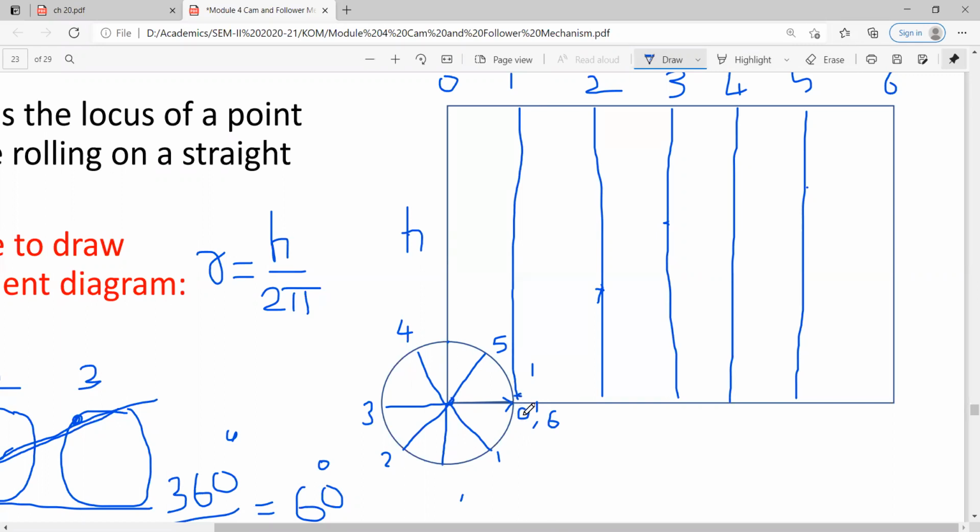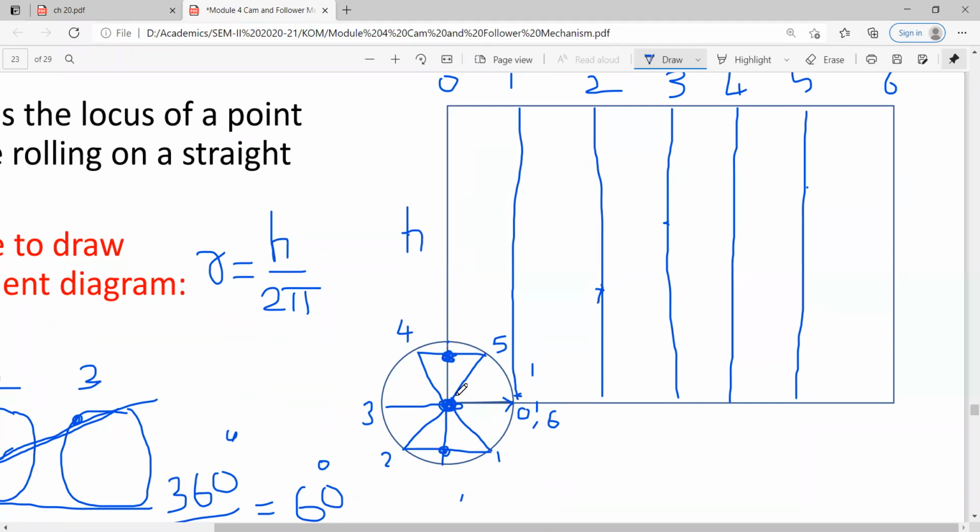So which points are at this point? At this point, point 3, point 0 and point 6 are there, and point 1 and 2 are at this point. On the vertical diameter you have to project. Then if you project 4 and 5, they will be here.